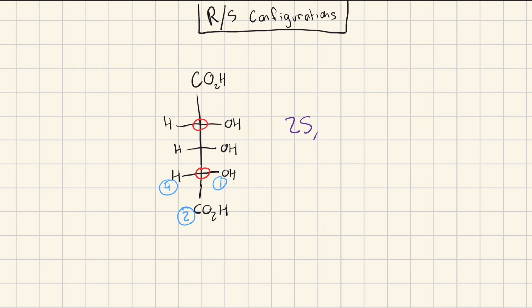That one's going to get the 2, and the other carbon chain is going to get the 3. If you look at the direction of our priorities, we're going from 1 to 2 to 3. We're going clockwise, meaning that this carbon number 4 is going to be the R configuration.